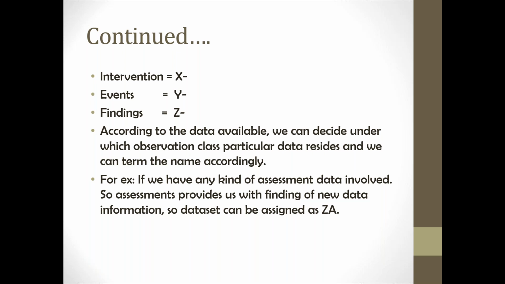Suppose, for example, you are taking assessment data, where you do some test and get some result. That kind of information you can write as Z, because it comes under the findings domain. After that one letter, you can see here it is A.